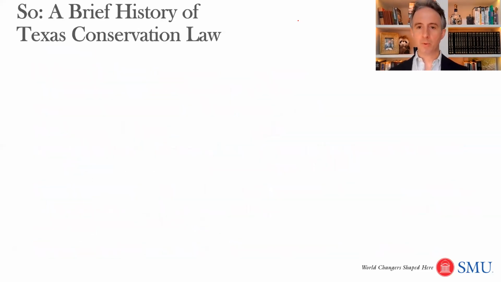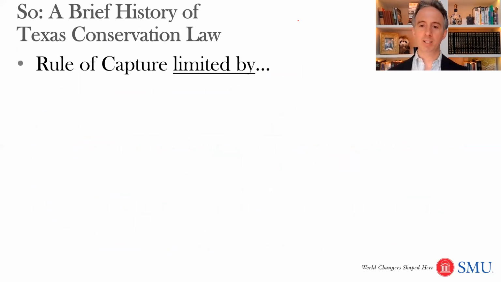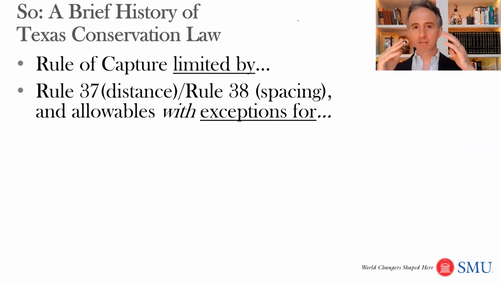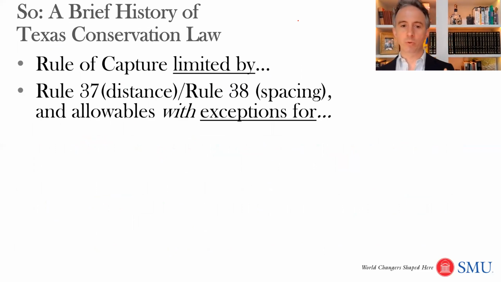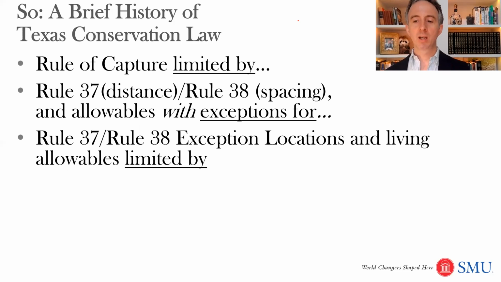Okay, so to summarize, a brief history of how Texas conservation law got where it is today. So obviously you have the rule of capture, but there are these spacing and distance rules. Rule 37 for distance from the property line and distance from other wells. Rule 38 for spacing. And you have allowables, but there are exceptions for exception locations.